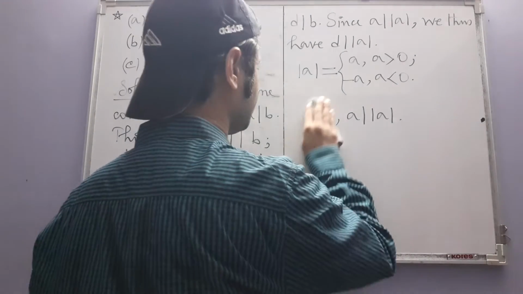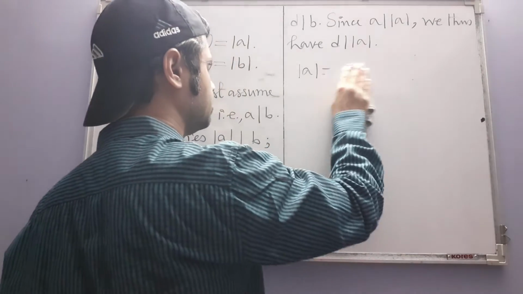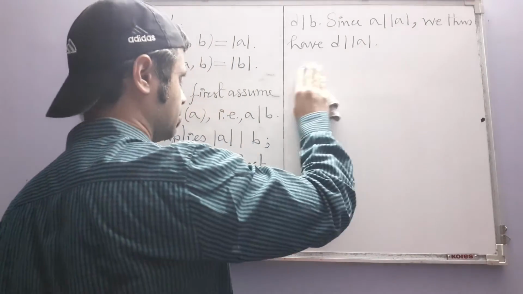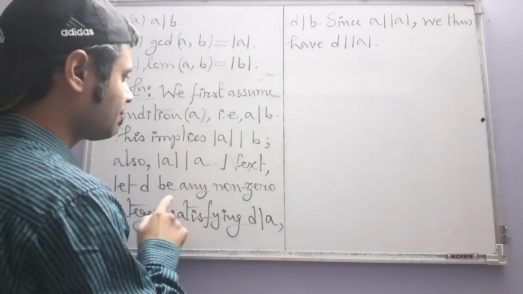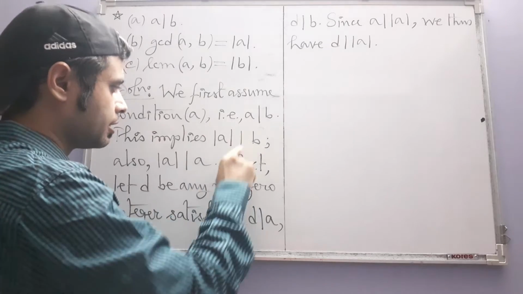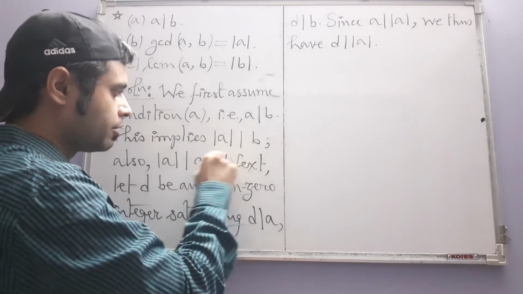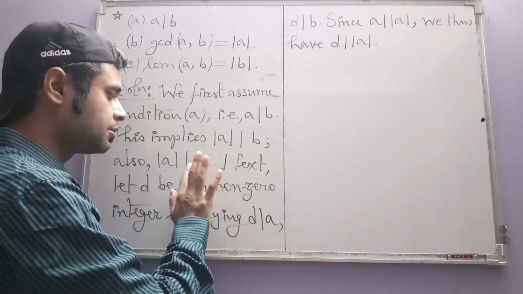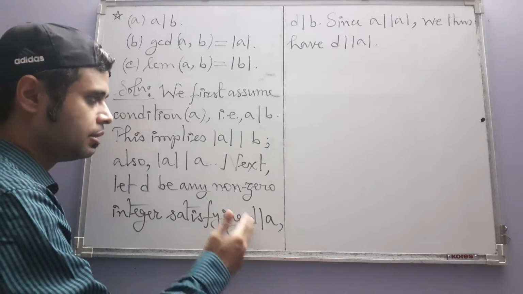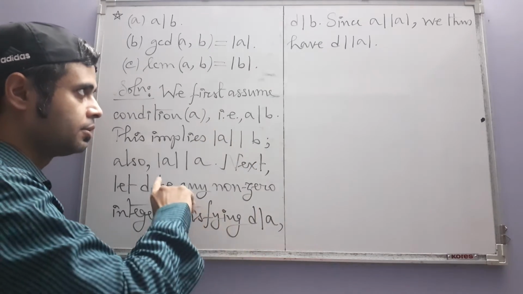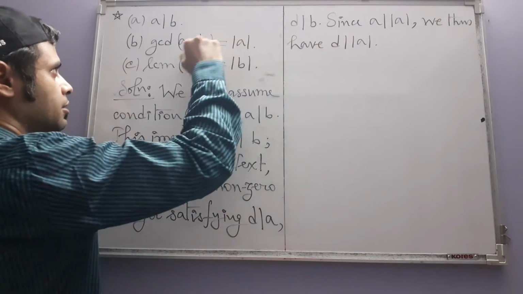Okay, so now we have both the parts of our definition for GCD, and so let us see once more what we have shown here. We have proved that this integer, the absolute value of a, is a common divisor of both a and b, and any common divisor d of both a and b divides this one. So that means by definition this is the GCD.